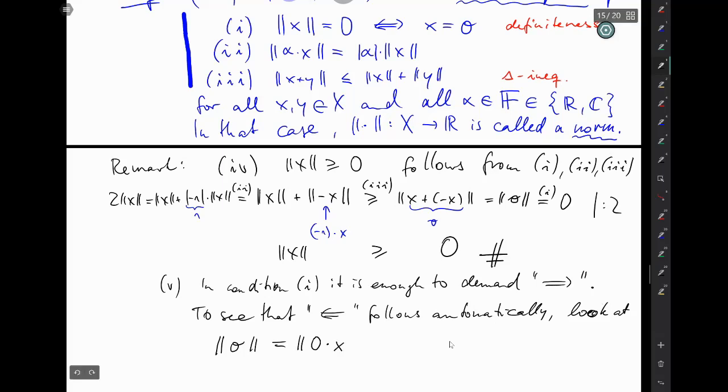We don't even have to say what vector x that is here. Okay, and then just use number 2 to get the 0 out as modulus 0, which still is 0, and then you can see that no matter what your vector x is, the result is going to be 0. So indeed, this direction is always automatic from property 2.